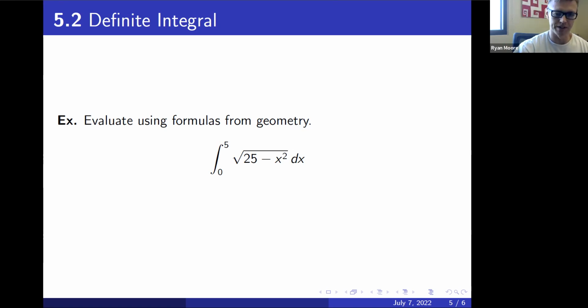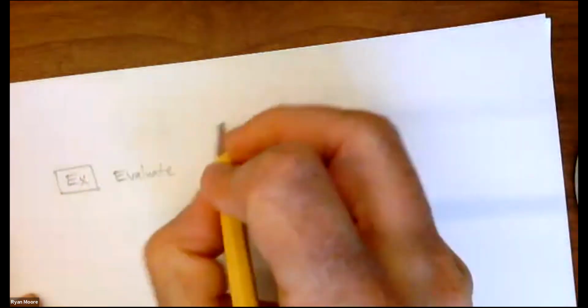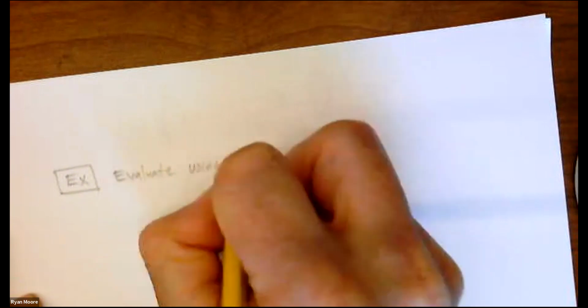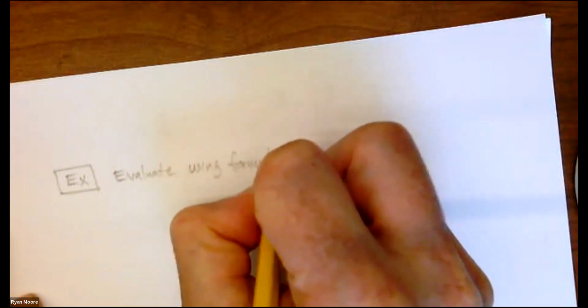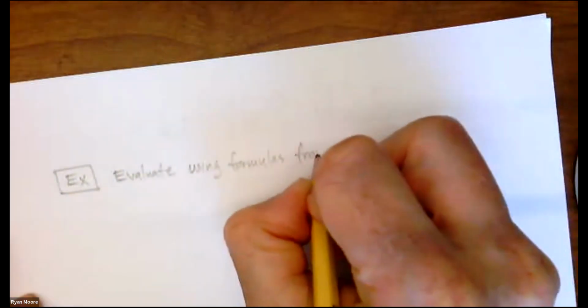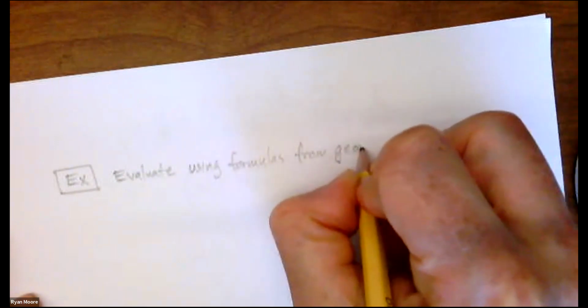So let's take a look at this one, the definite integral from 0 to 5 of the square root of 25 minus x squared dx. Evaluate using formulas from geometry.